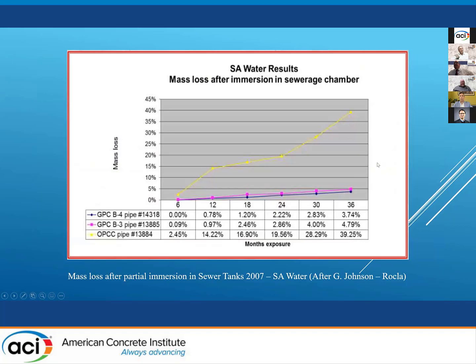Just some other different studies that have been done. This was stuff done with Rockler some years ago. This is a heat-cured fly ash-based geopolymer concrete, and this was in a sewage chamber over a 3-year period and performing very well.